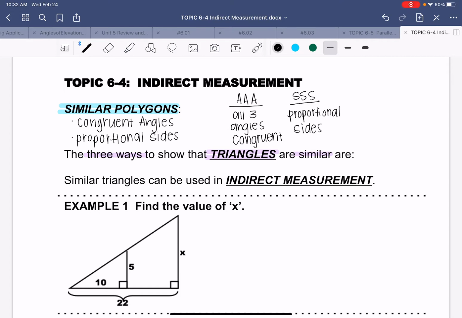And then we have side, angle, side, meaning there is a congruent angle in between 2 sets of proportional sides.